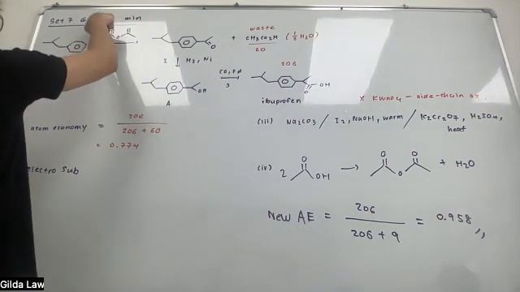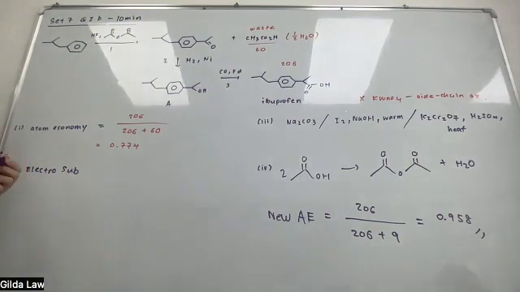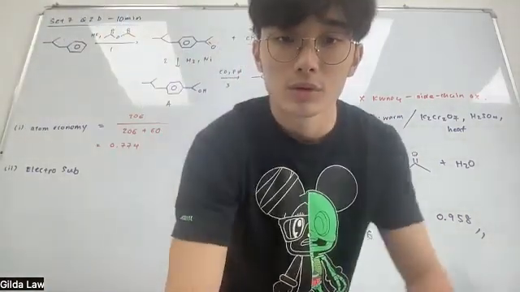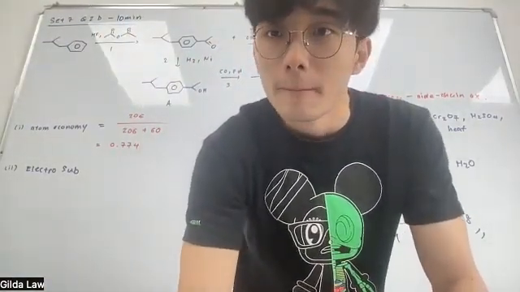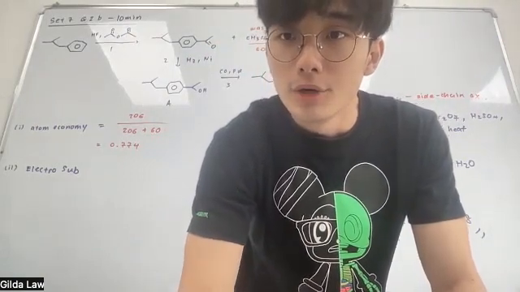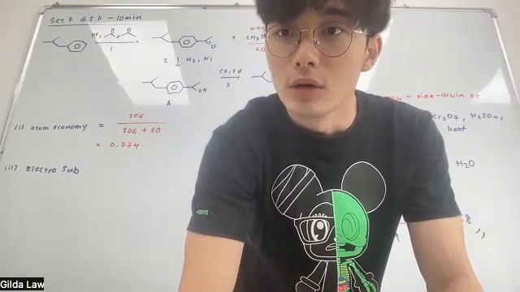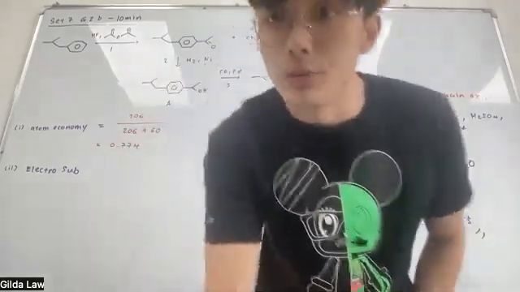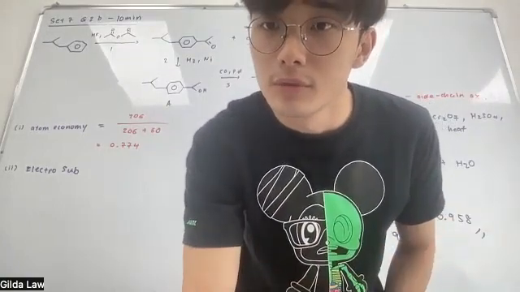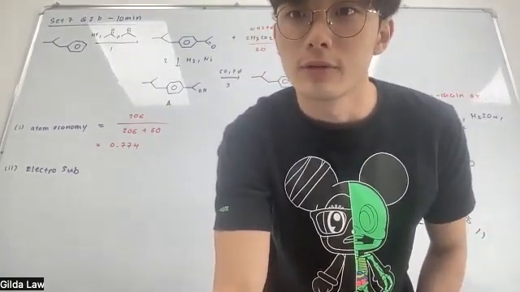Okay, 2B. Oh, wait, sorry, question. Your ibuprofen should be 206, not 208. I think you calculated wrongly. And yes, we can't use PCl5 just because carboxylic acid will also react with PCl5.